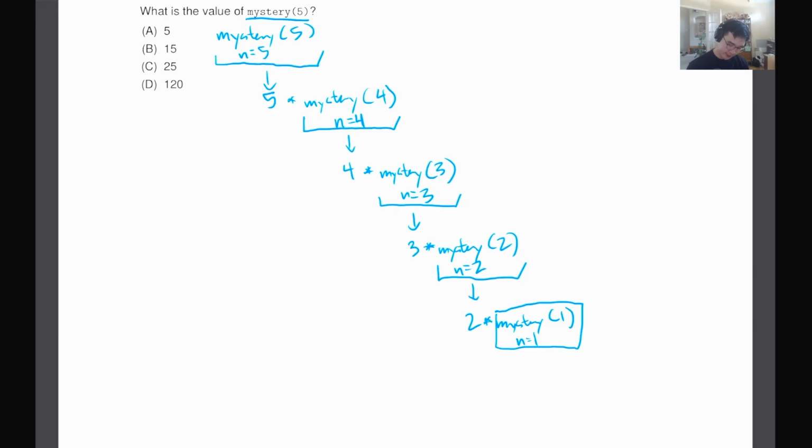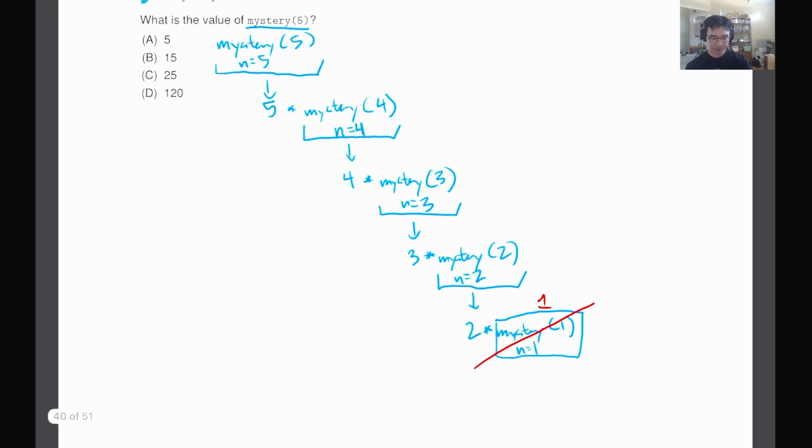So this is going to be, let's go ahead and draw in red. This is now 1. When I call the function mystery with a value of 1, it tells me to return 1. So it's like a variable in that kind of sense. You replace it with the value it returns.